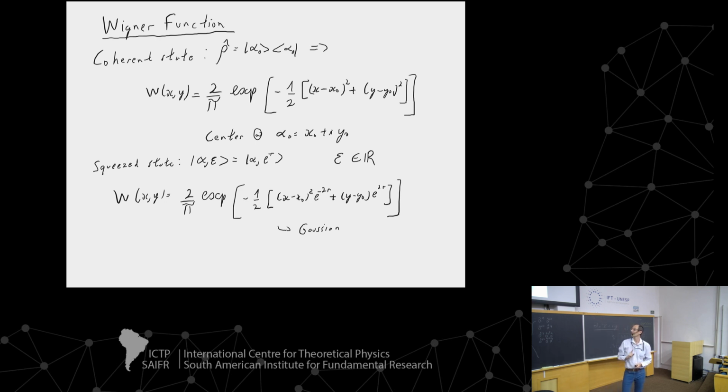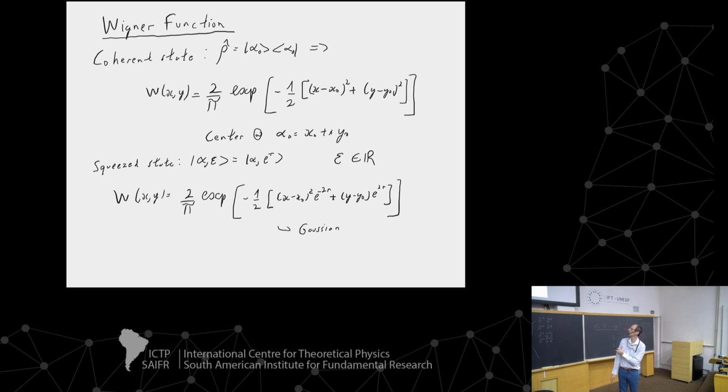Okay? And then, when you have a squeezed state, like the one that we calculated before, what you have now is a function like this. So the width here will be 1 over e to the 2r, so that it is a broadened distribution in the X direction, and squeezed in the Y direction. But yet, the center will be at the same position.